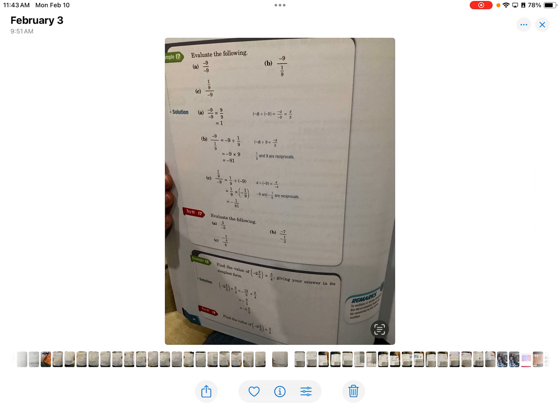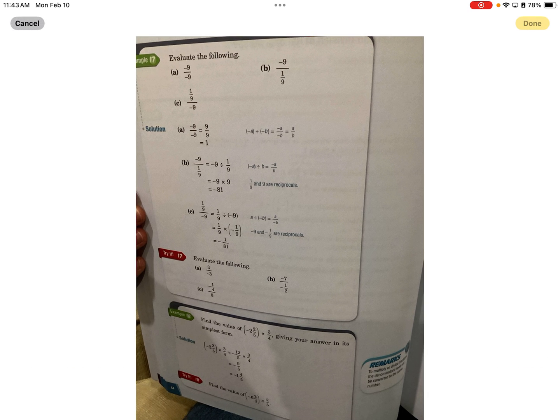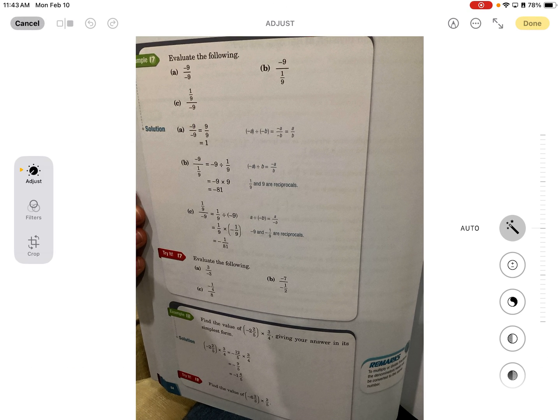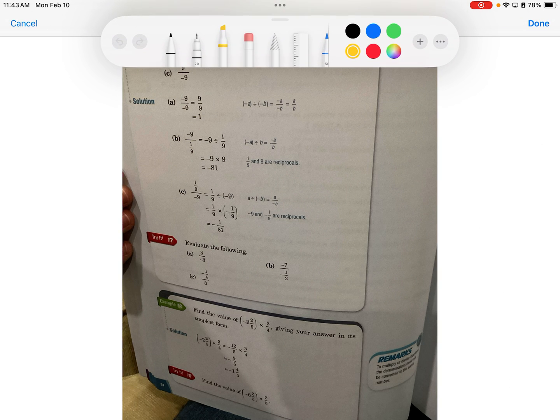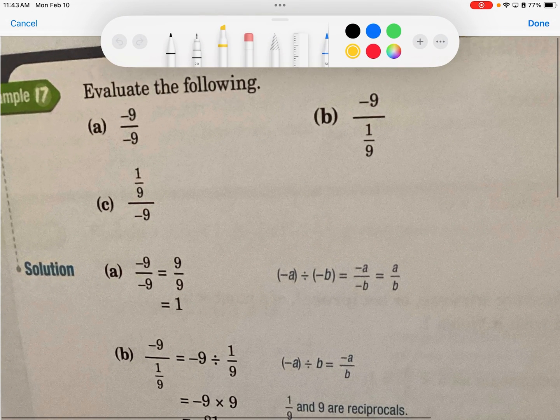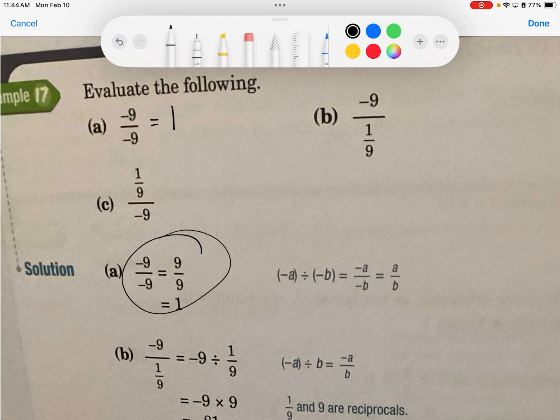Okay, so let's evaluate some expressions. All right, so let's evaluate this. -9 over -9 equals 1. Any number over itself equals 1, right? And this is our proof equation, right? If we have two negatives over, we end up with a positive.